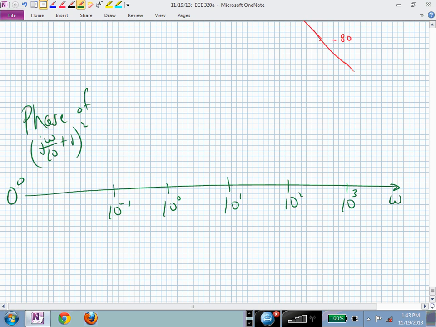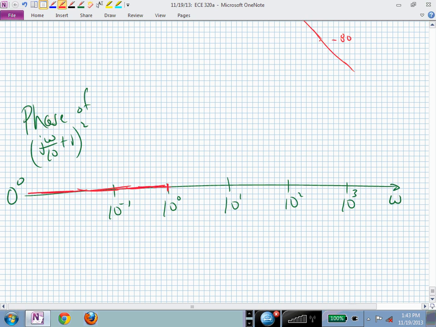So for small omega, this looks like a real number, doesn't it? The angle of a real number, 0 degrees. And then when do we need to start worrying about this moving away from 0? This is baby bear, isn't it? This is a decade before the break. The break was at 10, so right at 1 is where we start to transition.